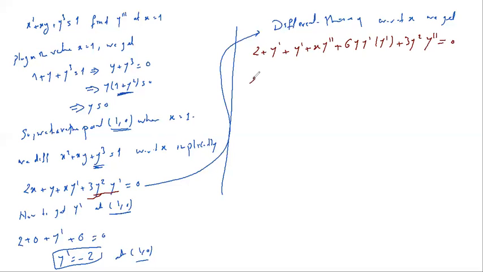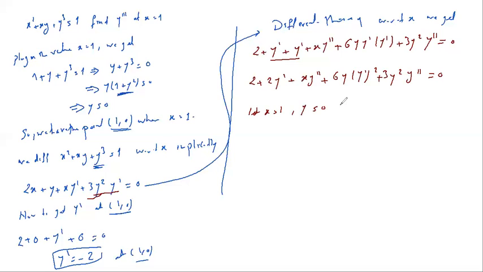Collect the terms: 2 plus y prime plus y prime, 2y prime, plus xy double prime, plus 6y y prime times y prime, it means y prime squared, plus 3y squared y double prime is equal to 0. We can get the value of y double prime from this equation by substituting x is equal to 1, y is equal to 0, and y prime is equal to -2.